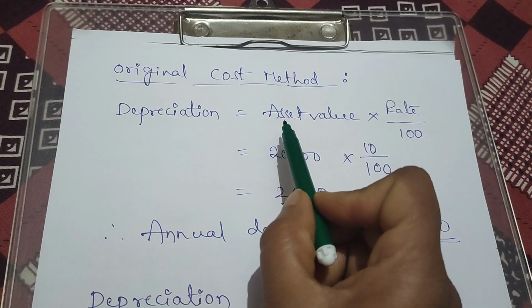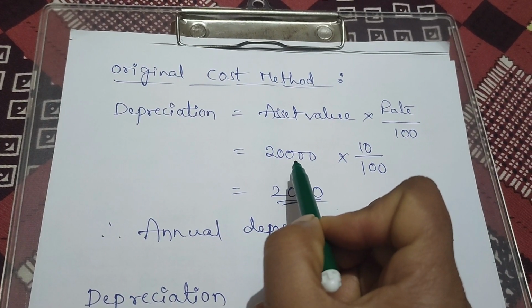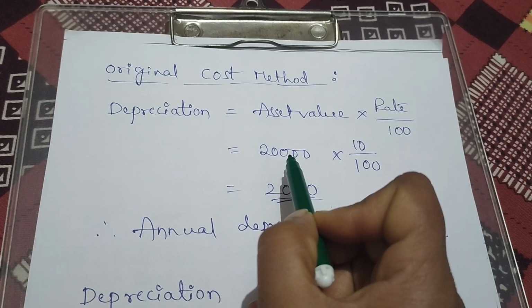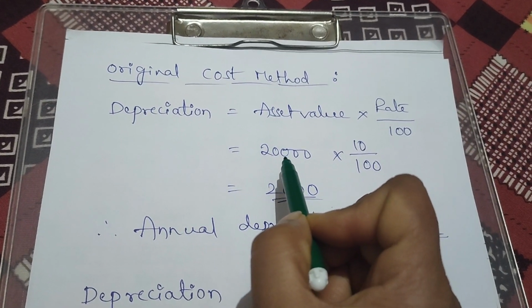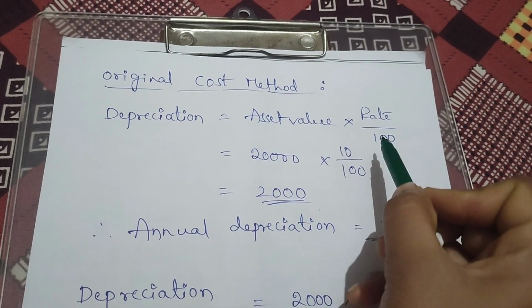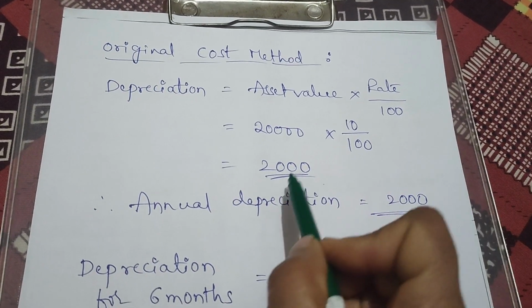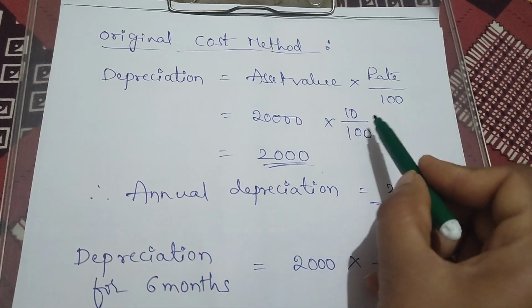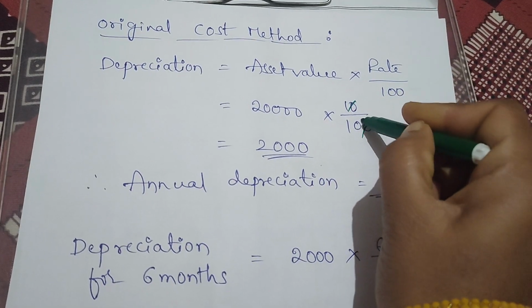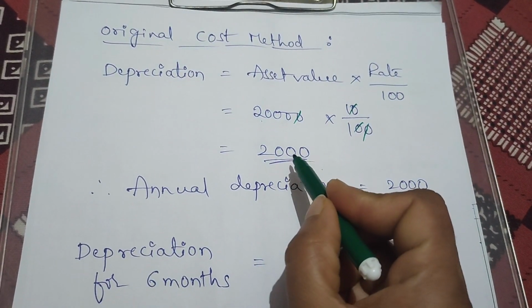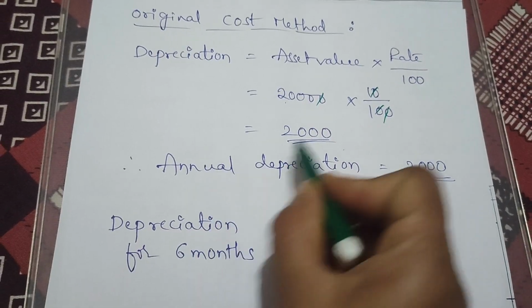In this question the asset value is 20,000: 18,000 is the purchasing price and 2,000 is the installation charges. Total 20,000 into 10 by 100. If we do this calculation, 0, 0 cancel, 0, 0 cancel, 2,000 remains. So 2,000 is the depreciation.